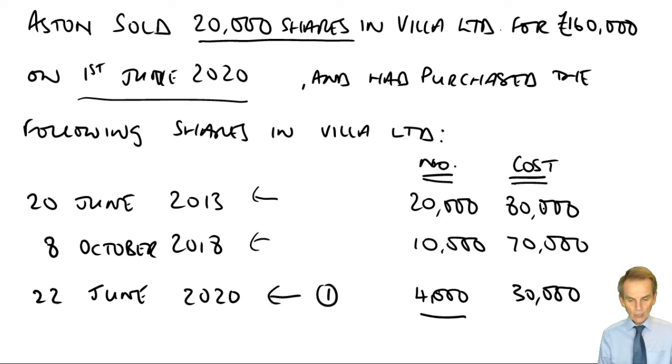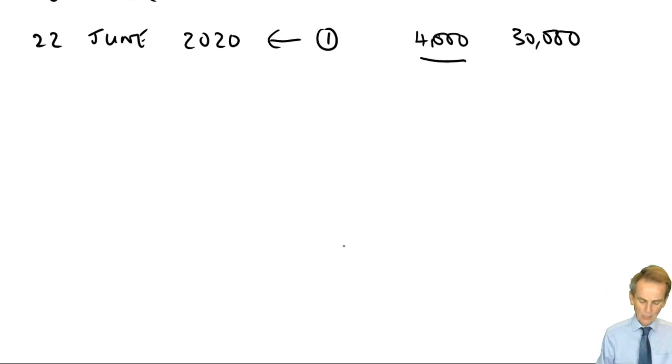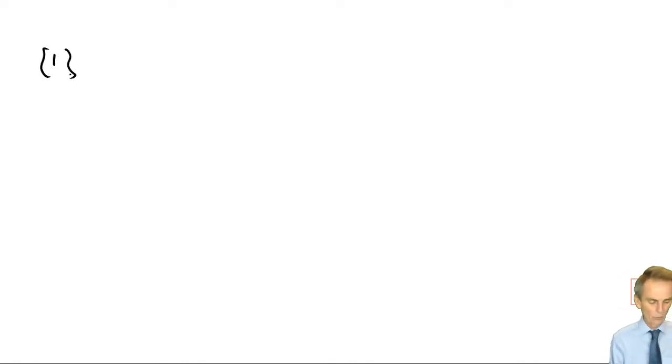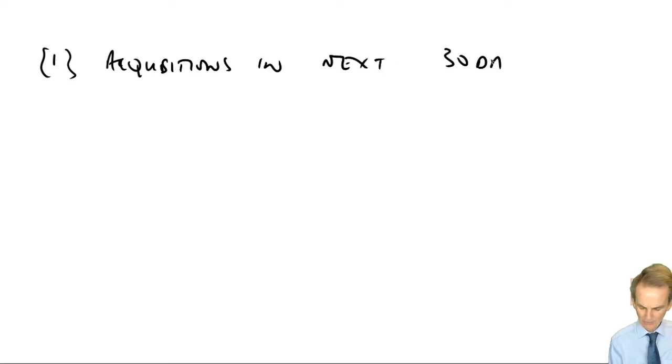Okay, so how, therefore, do we go about now computing that gain? What we said, we look firstly to see whether there are any shares acquired on the same day as the disposal. No, there weren't. So for us, therefore, the first category is acquisitions in the next 30 days, that being the 22nd of June 2020.